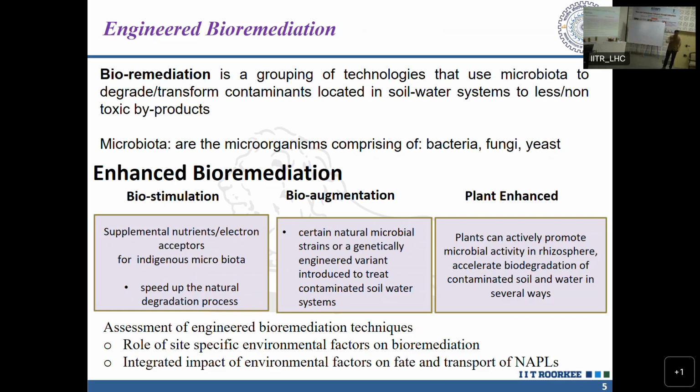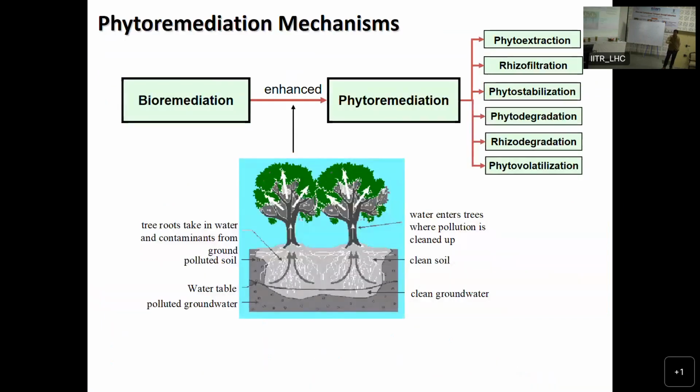So plants can play many roles in increasing the rate of bioremediation. Not only biologically, but also physical removal of the contaminants can take place because of the presence of the plants.